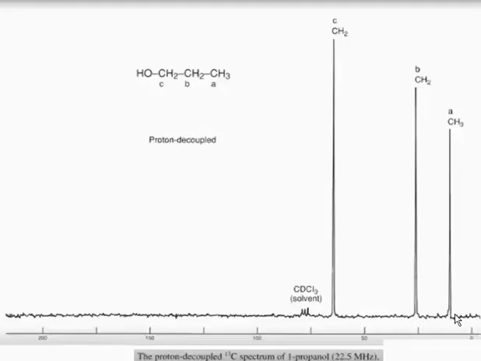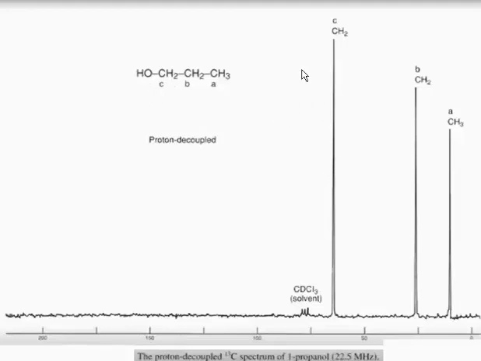Now, also note the chemical shift effect. The hydroxyl oxygen is electronegative and is going to be pulling electrons away from all the carbon atoms. The closer a carbon atom is to the electron withdrawing oxygen, the more its electron density is lowered, the greater the chemical shift effect, the greater the deshielding. So this CH2 carbon, labeled C, being directly attached to the oxygen, we would expect to be the leftmost peak.